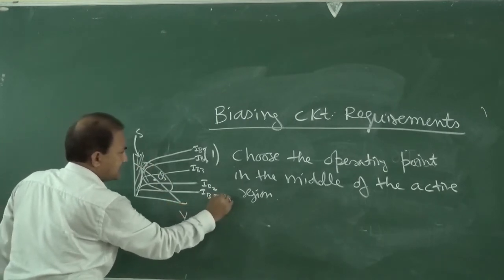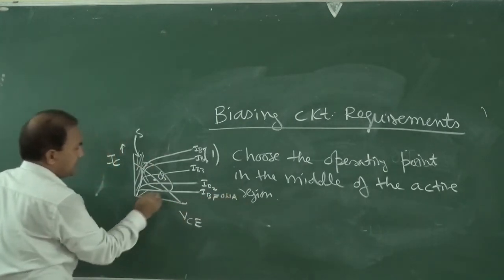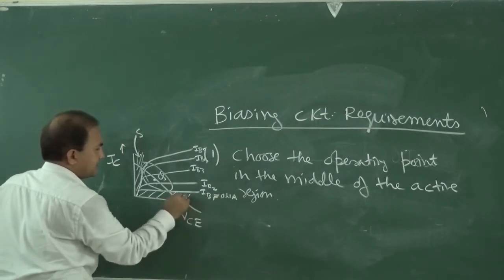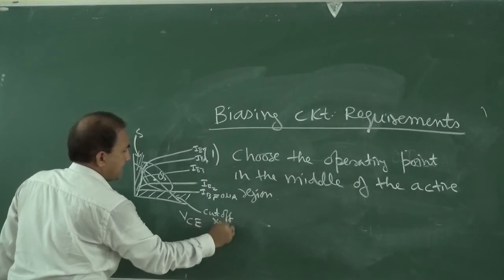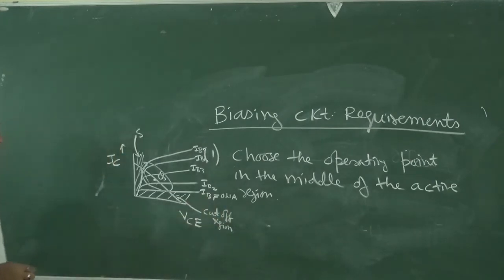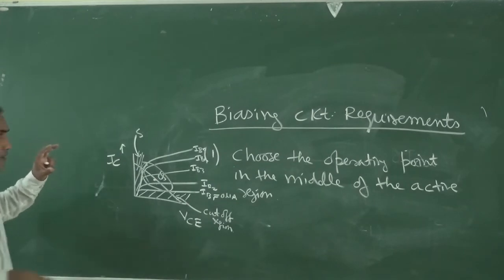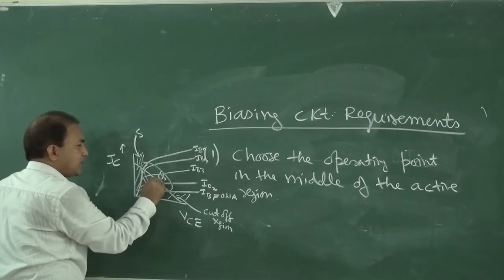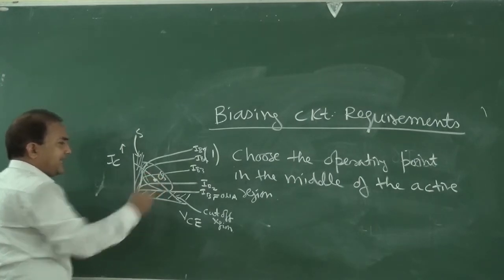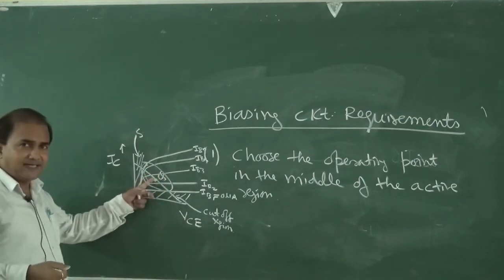Suppose IB1 is 0 microampere, so below this it is the cutoff region. Now the biasing circuit should be designed in such a way that the Q point, that is the operating point, lies in the middle of the active region.